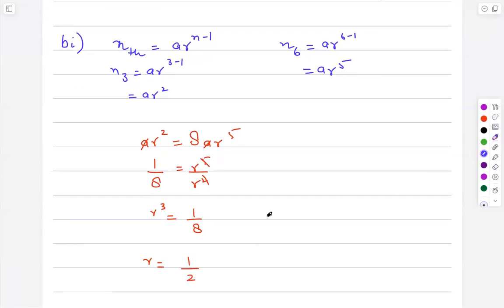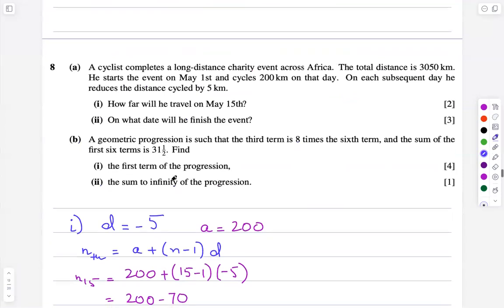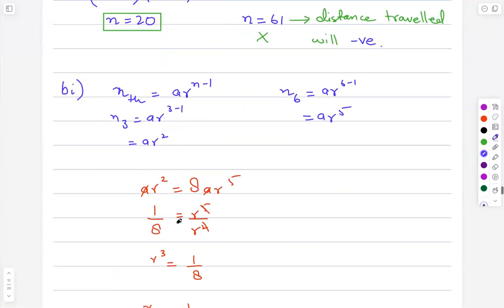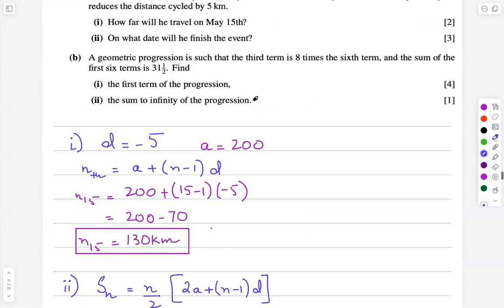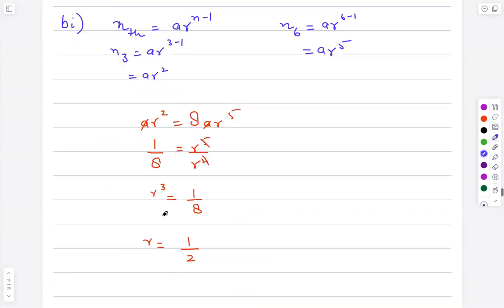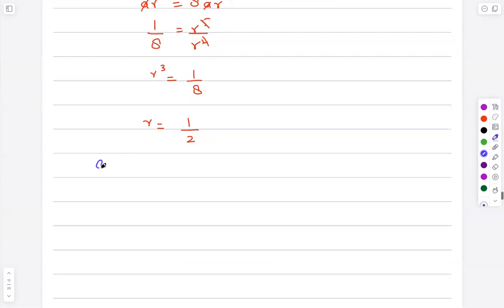Once we have the value of r, we have to find the first term. To find the value of a, it says that the sum of the first 6 terms is 31.5. Now the sum formula for n terms of a geometric progression is given by a into 1 minus r to the power n upon 1 minus r.